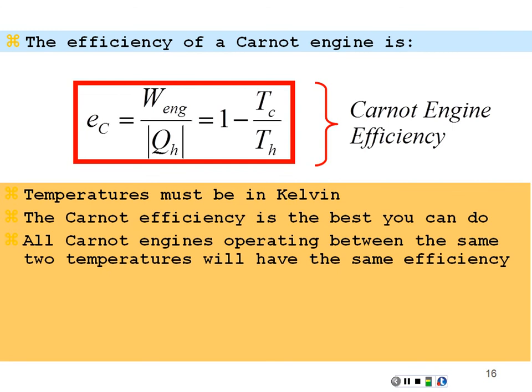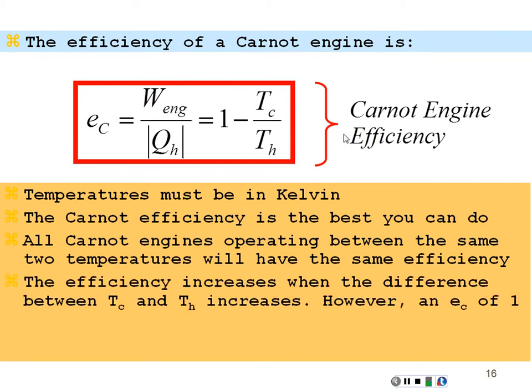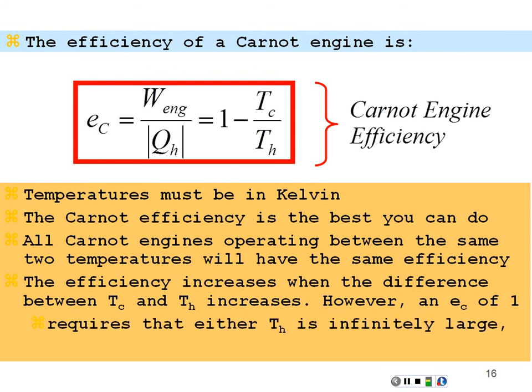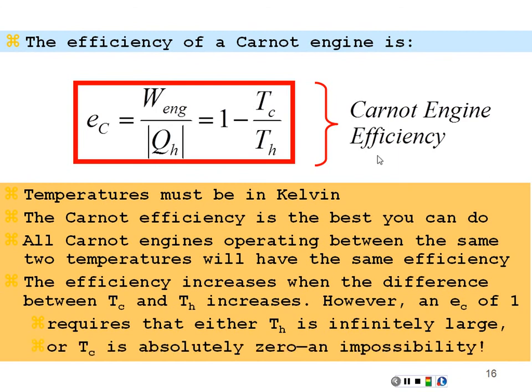This is the best you can do. So all Carnot engines operating between these same 2 temperatures will have this same efficiency. The efficiency will increase when the difference between the cold and hot temperatures is expanded. However, it's impossible to have an efficiency of 1 because that would either require that our hot temperature was infinitely large, not possible, in order to make this fraction 0, or that our cold temperature was absolute 0 in order to make that fraction 0.